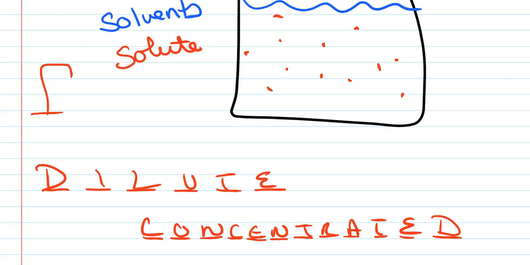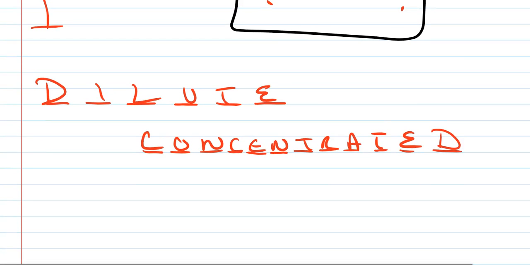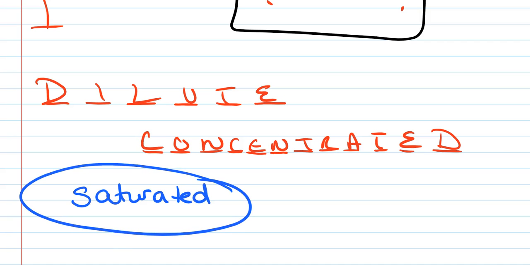A concentrated solution will have more solute per amount of solvent. Make sense? Now, Helen, what was that word that you pulled up a minute ago? Saturated. The saturation will be saturated, okay? So when a solution is saturated, any idea of what that means?